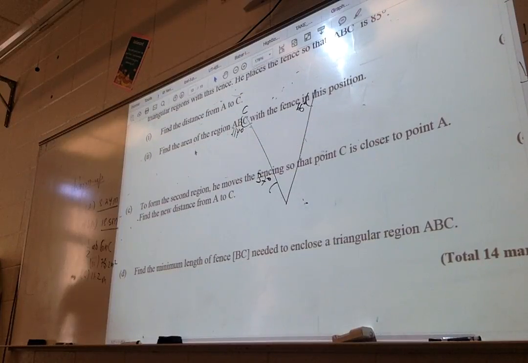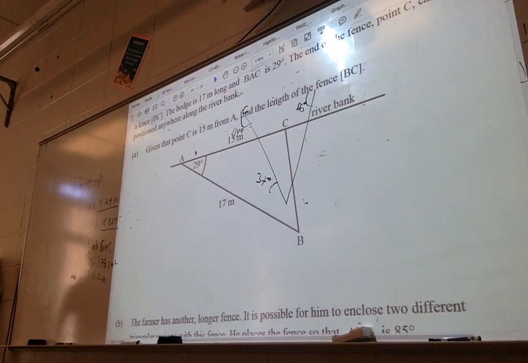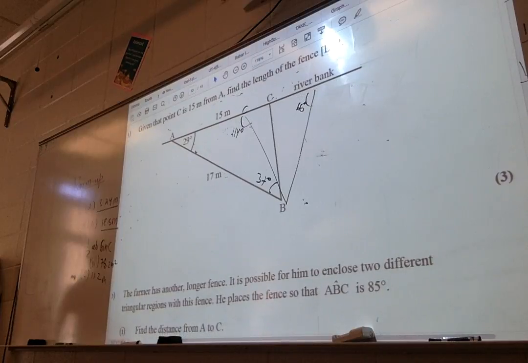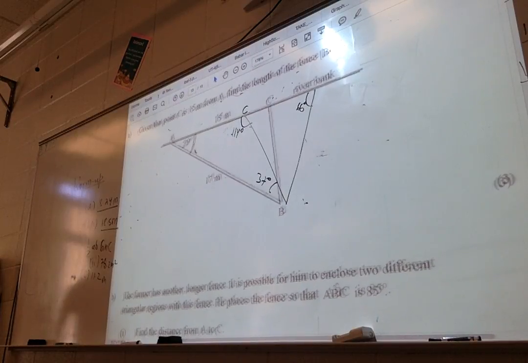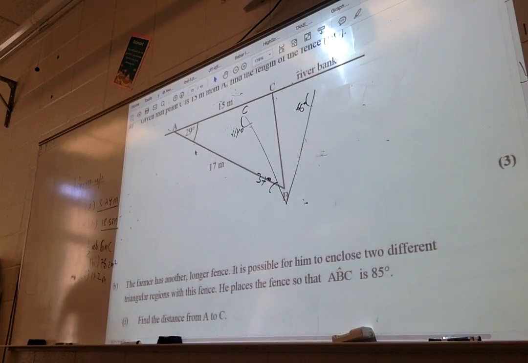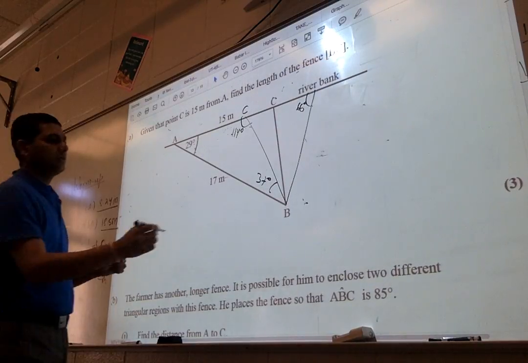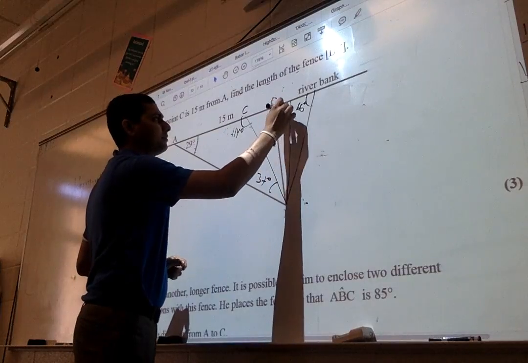Find the minimum length of the fence needed to enclose the triangle region ABC. So what's the minimum length required? It should be the perpendicular distance. That's the minimum length.